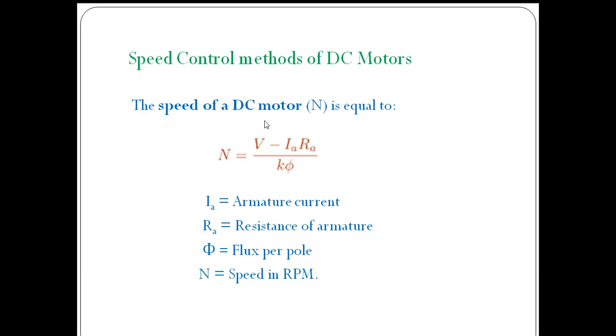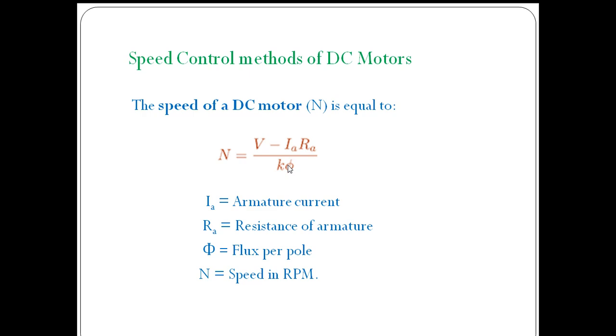From that, if we calculate the speed expression, it will be N = (V - IaRa) / (K phi). This we got by writing K phi N in place of Eb.